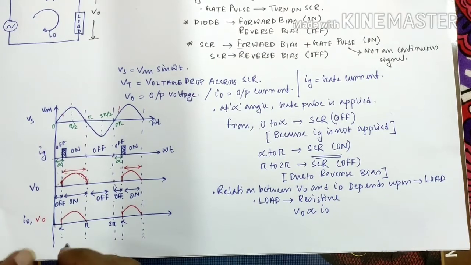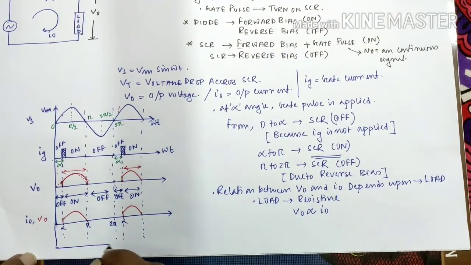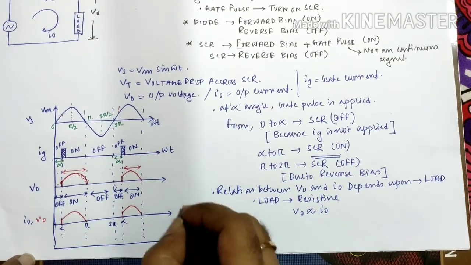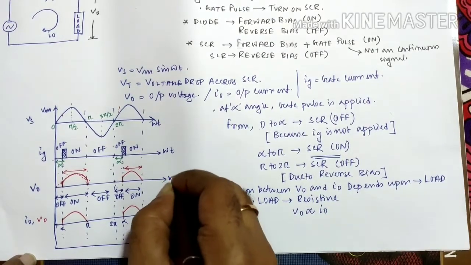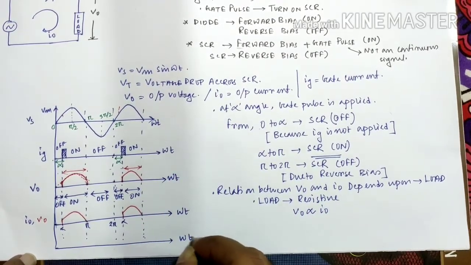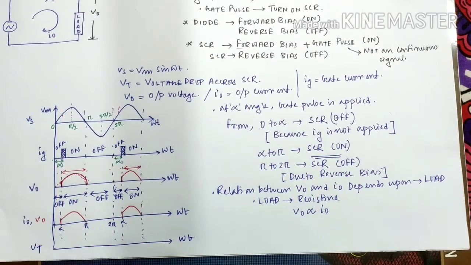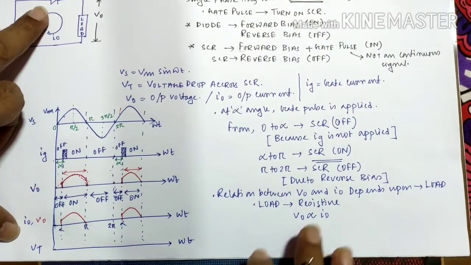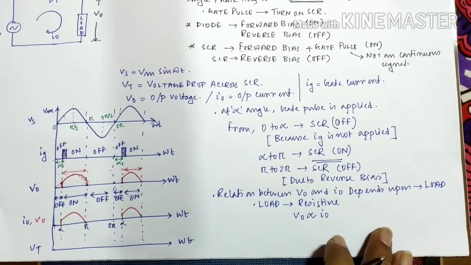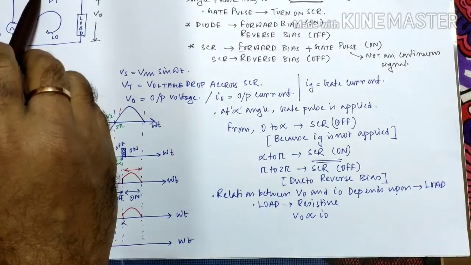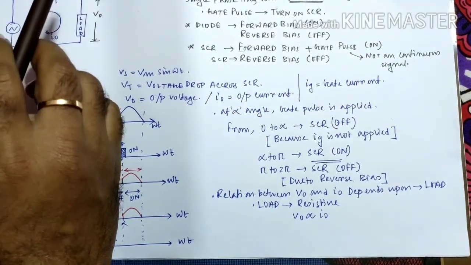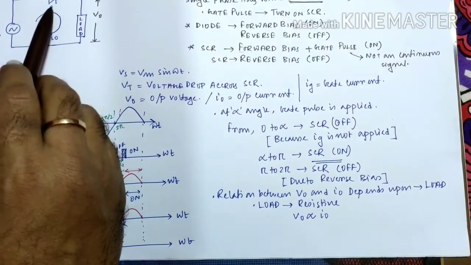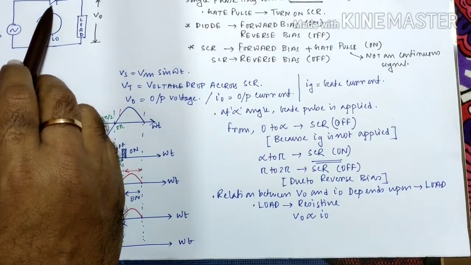Now what will be the waveform of Vt? What is Vt? That is the voltage drop across the thyristor. So from this discussion we can understand it easily. The voltage drop across thyristor will be available only when the thyristor is off.